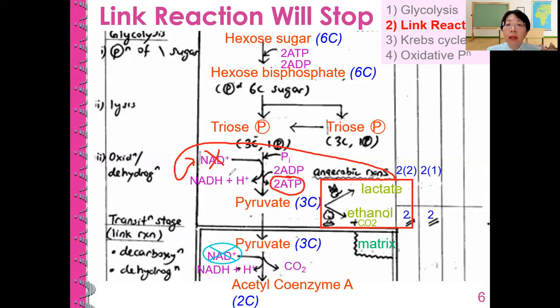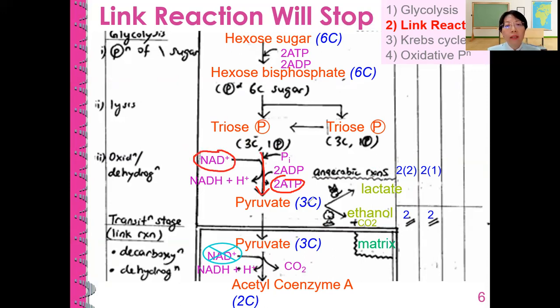So we see that glycolysis can produce at least 2 net ATP per glucose molecule. As long as glycolysis can continue to occur, I can still produce ATP, right? So in order for ATP to be produced, this step has to occur. And in order for this step to occur, I must have NAD+.